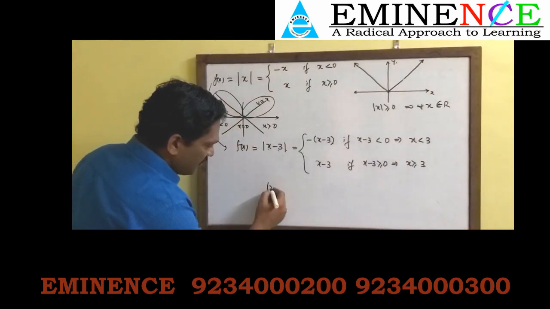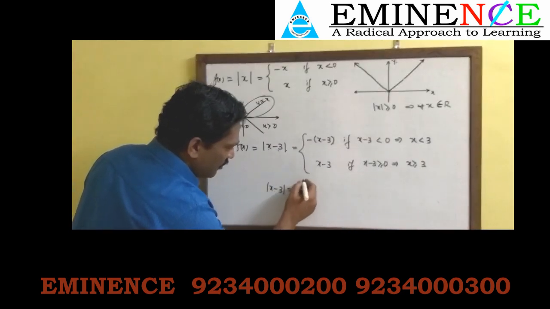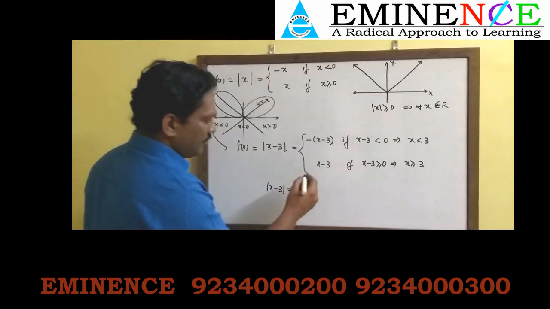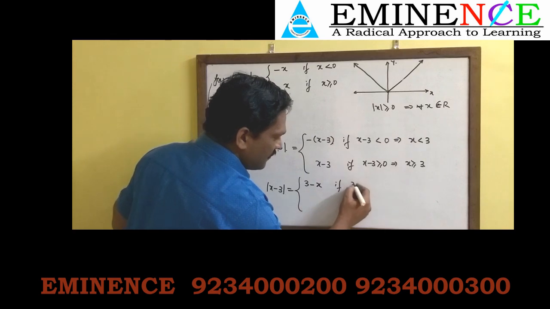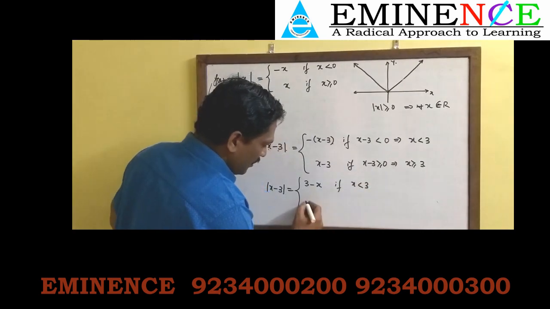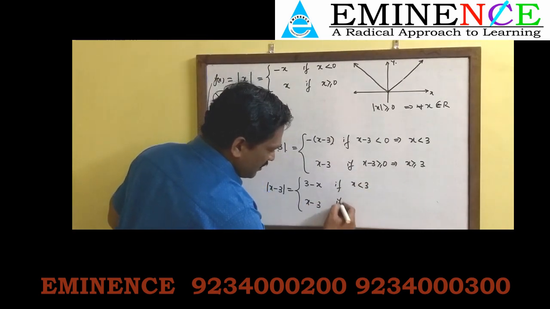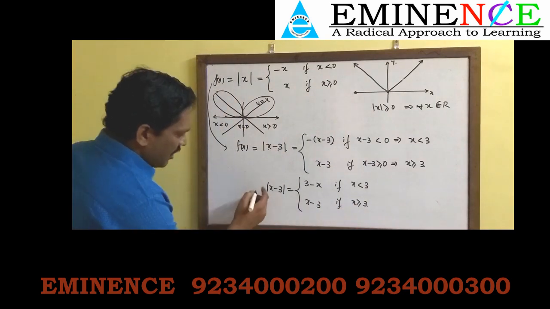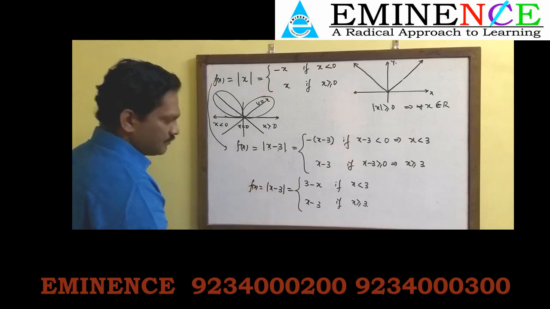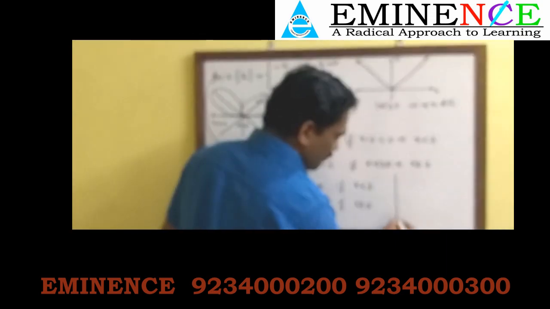So, if I write it completely free from modulus, see what we are going to get. It is 3 minus x if x is less than 3, and it will be x minus 3 if x is greater than or equal to 3. Now, what kind of graph will this function form?